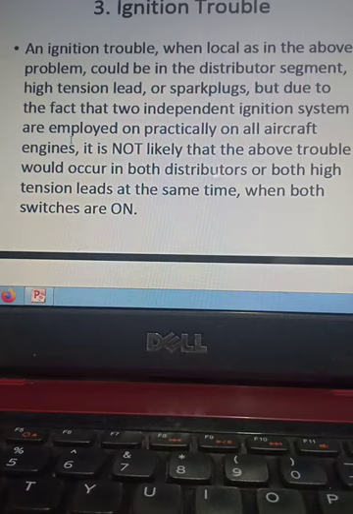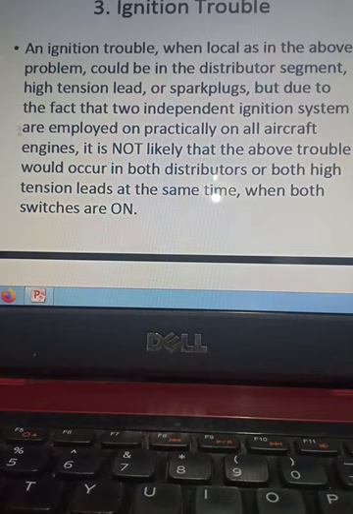But due to the fact that two independent ignition systems are employed on practically all aircraft engines, it is not likely that the above trouble would occur in both distributors or both high tension leads at the same time when both switches are open. So if that were the problem, it could not be, because there are two switches and two supplies.